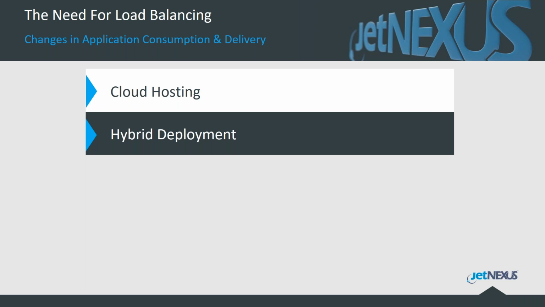JetNexus is in the cloud. We've got an Azure offering of JetNexus, and also other hardware and virtual appliance deployments as well, so we can cover off a hybrid deployment.